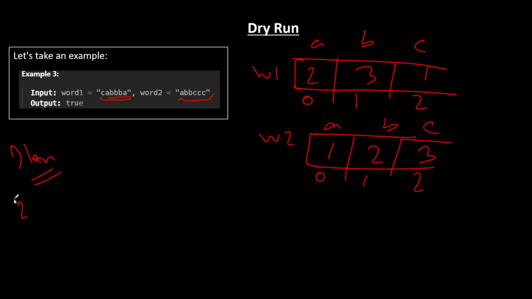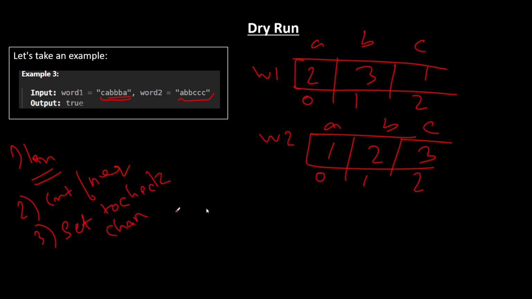Now, second step was count frequency, which is done. Third step was using set to check characters. If we put this in set, we get A, B, C. If we put this in set, we get A, B, C. So both are equal. So third check is also done.